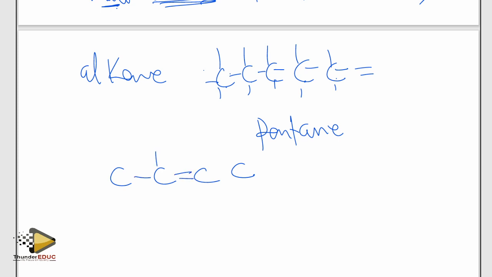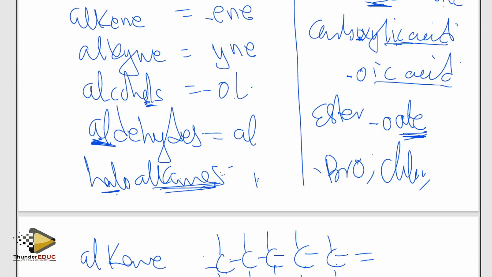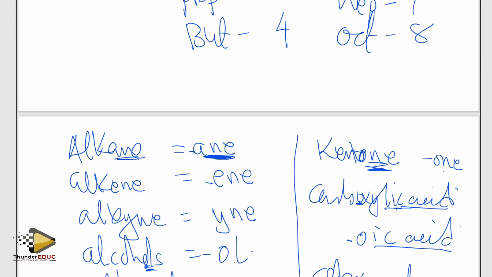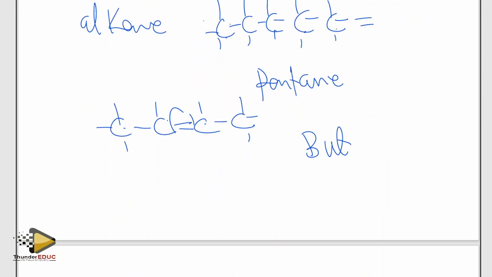In this case, four is but, but it has a double bond, which means an alkene.